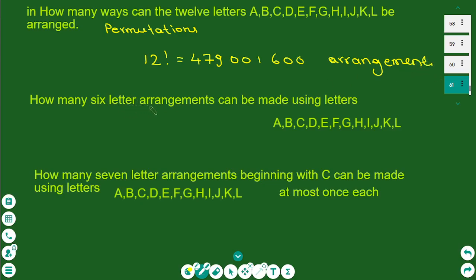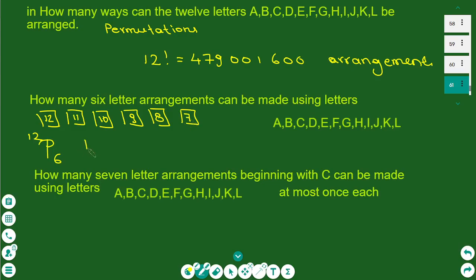How many 6-letter arrangements can be made using these letters? So here we need to have only 6 letters, and we have a total of 12 letters. So obviously here we need to find P(12, 6), because the first letter can have 12 options, the second is 11, the third is 10, the next one is 9, the next one is 8, and the next one is 7.